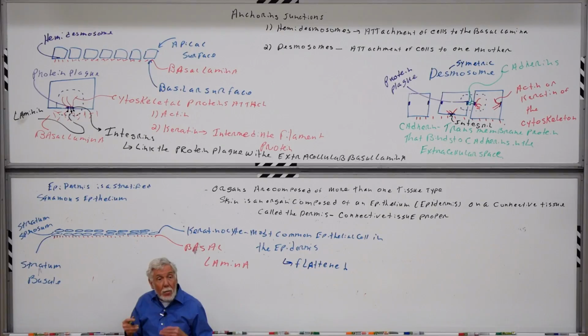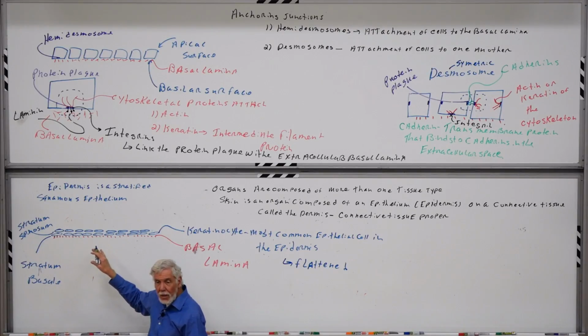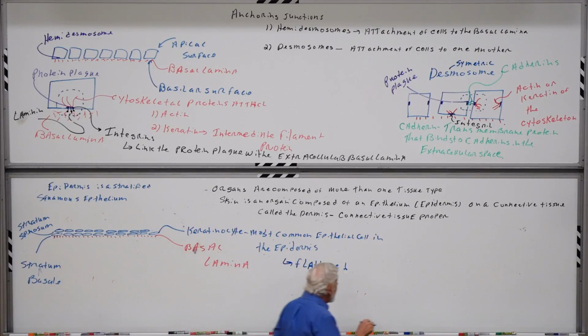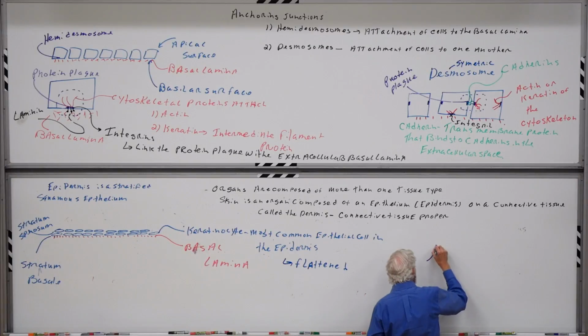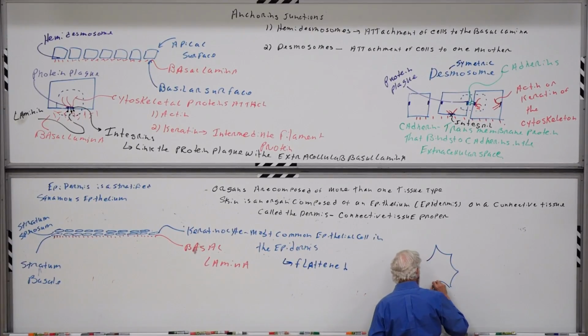But in order to look at it in the microscope, they had to first fix it with chemicals, and then they had to take the water out of it and then put it in paraffin and cut it from paraffin. In the process of taking the water out, everything shrank. And when everything shrank, what they ended up in that second layer were these cells that looked a little bit like this.